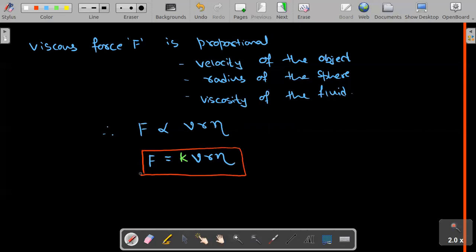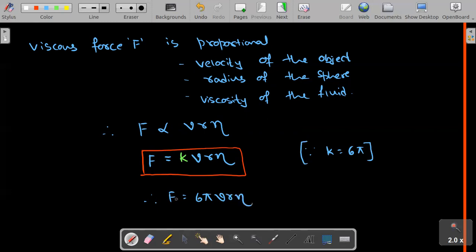This is an expression for Stokes law, but the value of K is found from experiments. The value of K is 6 pi. So Stokes law, which gives you an idea about the viscous force experienced by a metallic sphere or any spherical object, is F equals 6 pi V R eta.